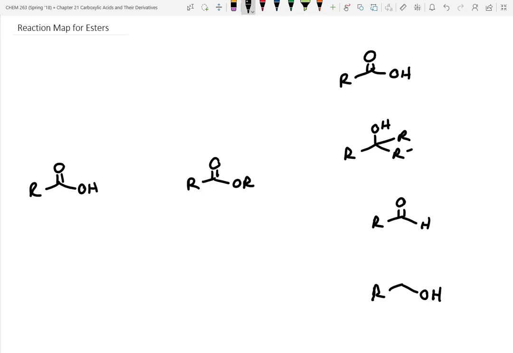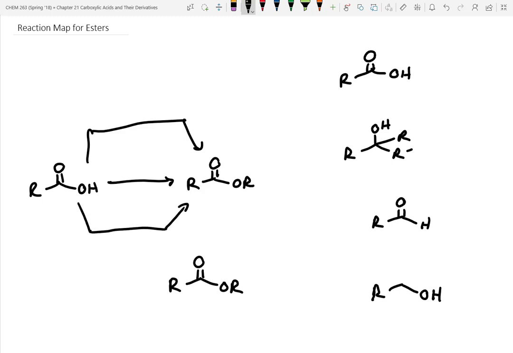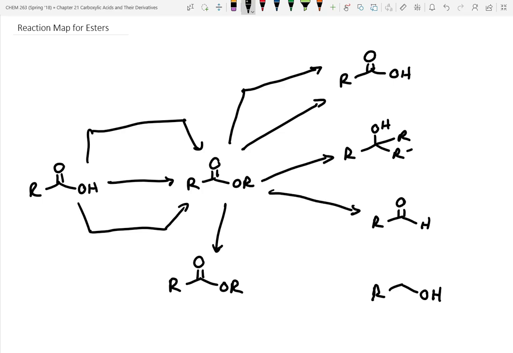And then down here, I'll do another equivalent of ester, and then we've got a ton of reaction arrows we need to fill in. So I'm just going to get all these reaction arrows filled in here, and then we'll start completing our map.